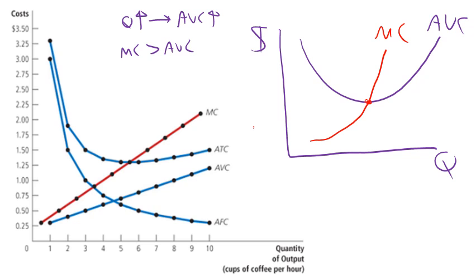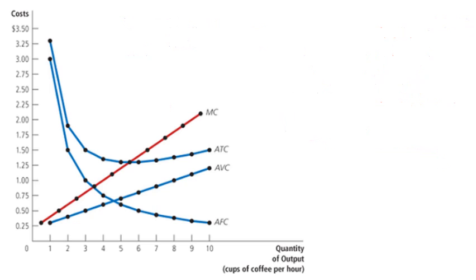Again, as long as marginal cost is less than average variable cost, the average variable cost curve has a negative slope. When marginal cost is greater than average variable cost, the average variable cost curve has a positive slope. You put those 2 things together, it guarantees that marginal cost intersects the average variable cost curve at the minimum point on the average variable cost curve.